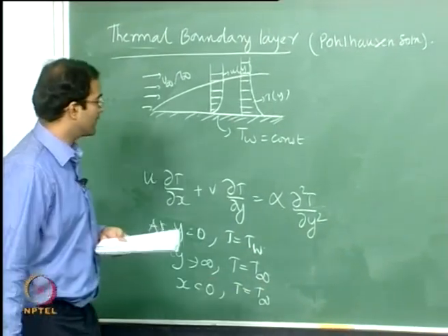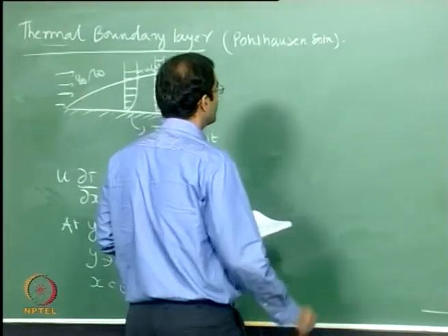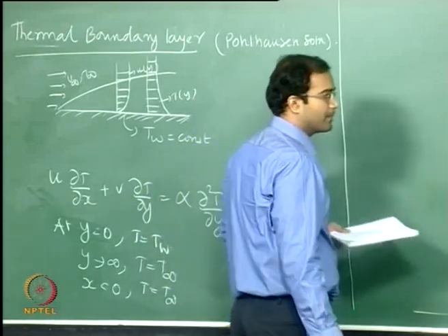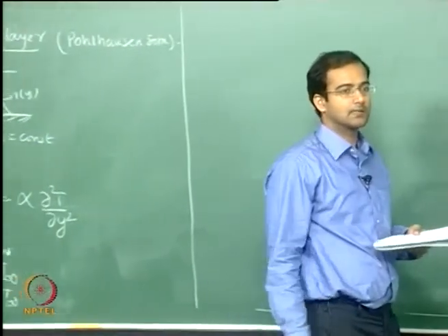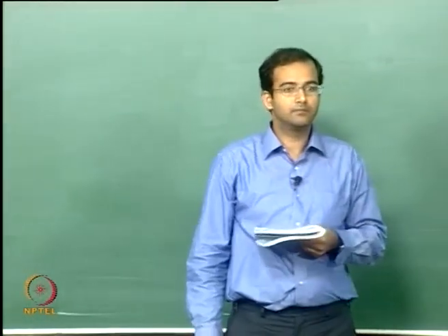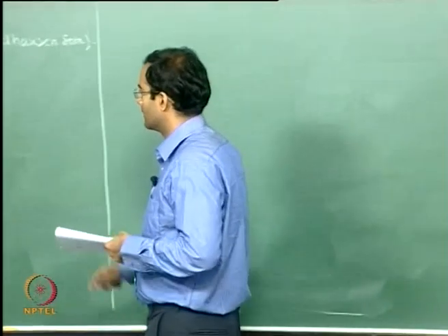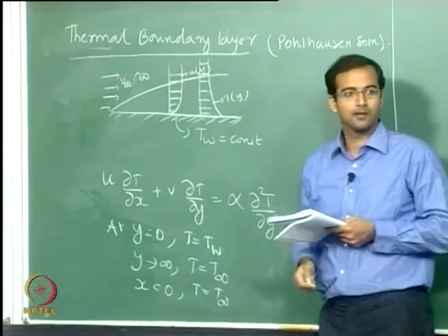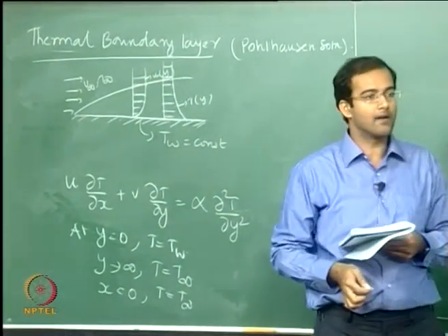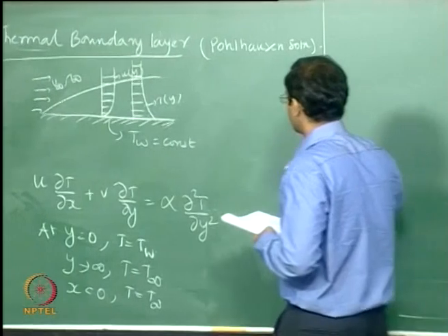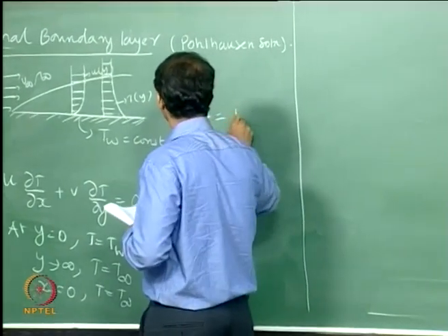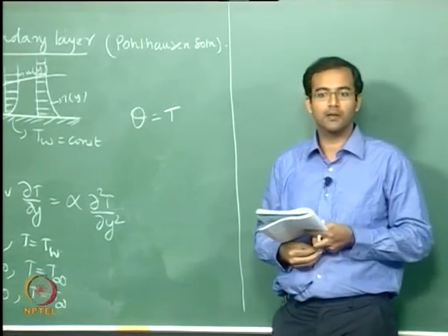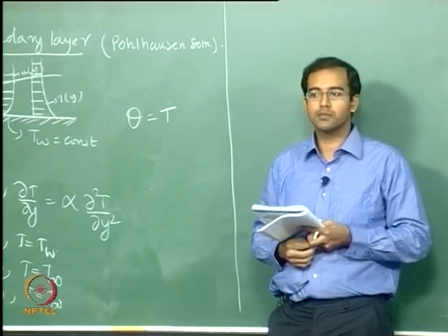So now I am going to define a non-dimensional temperature theta. I want to define it in such a way that the non-dimensional temperature is exactly identical to the velocity profile. So I want to convert this profile into something like a velocity profile. How do I define my theta? T minus T infinity? If I do T minus T infinity at y equal to 0, is it going to be 0?